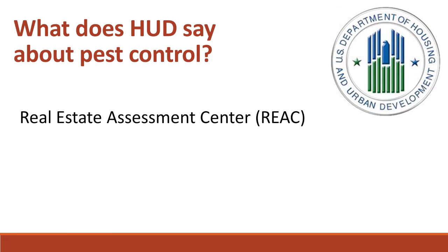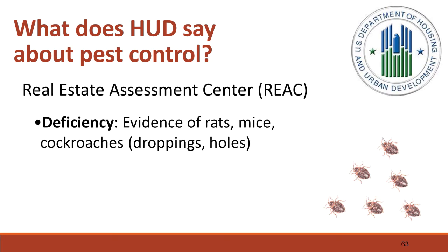You may already be familiar with many of the standards HUD relies on for ensuring the health and safety of their supported properties. One of those you may know best is the Real Estate Assessment Center, better known as REAC. There are specific pest provisions within REAC. During a REAC inspection, property receives a deficiency if the inspector sees evidence of rats, mice, or cockroaches.